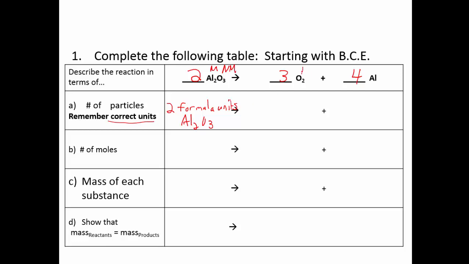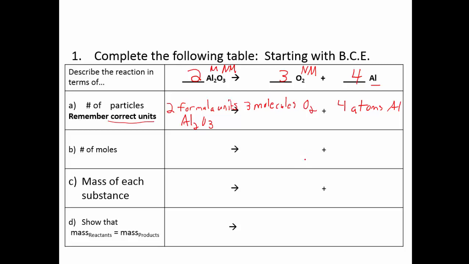From there, 2 nonmetals. So we'll have 3 molecules of oxygen, and Al, just an atom, we'll have 4 atoms of aluminum there.